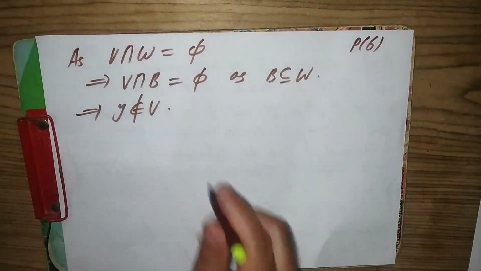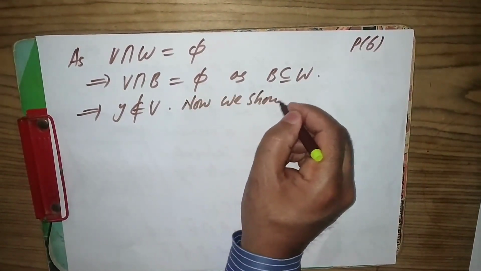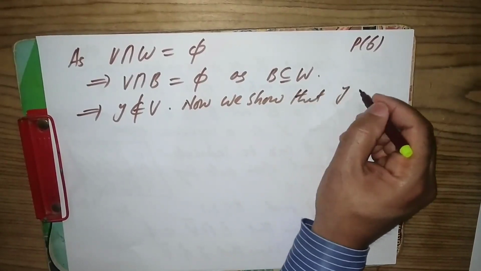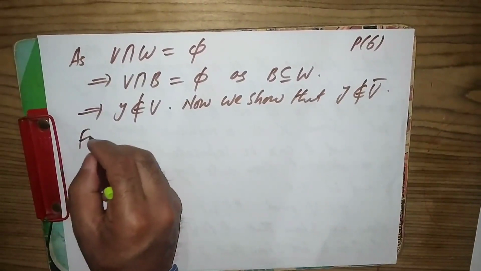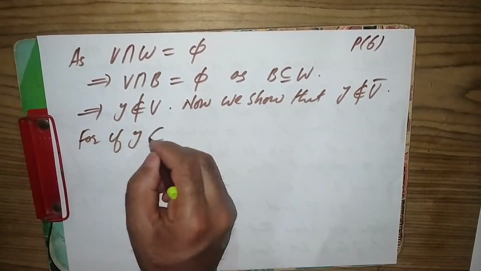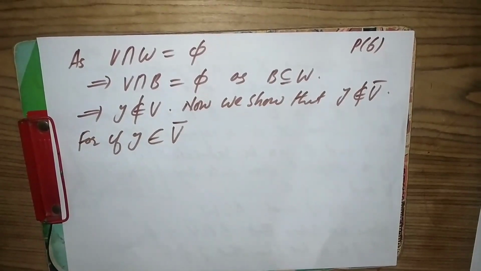Now we show that Y is not in V closure. If Y is in V closure, since Y is not in V, it is a limit point.